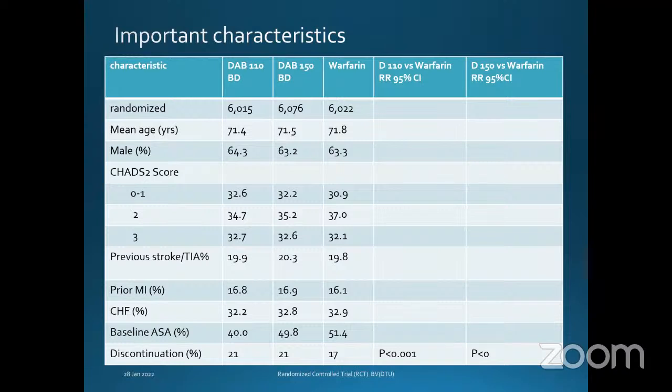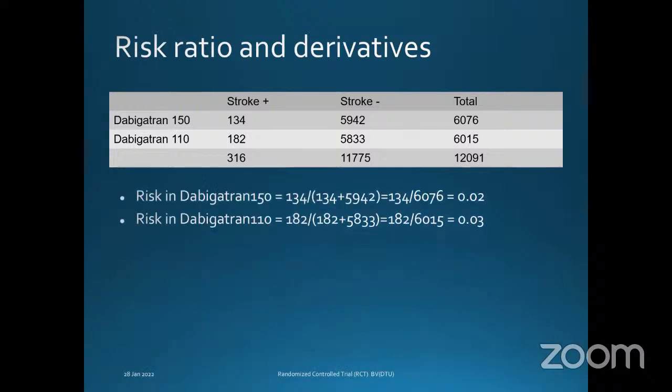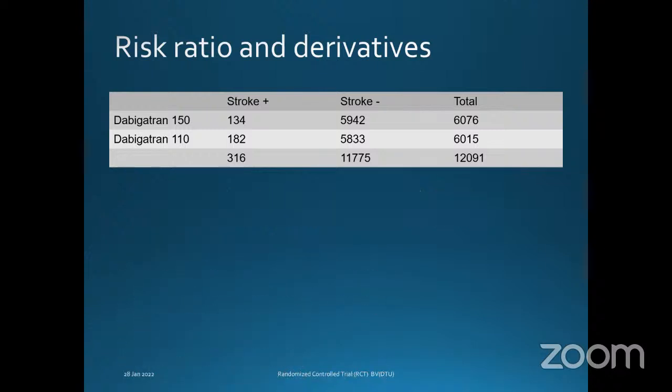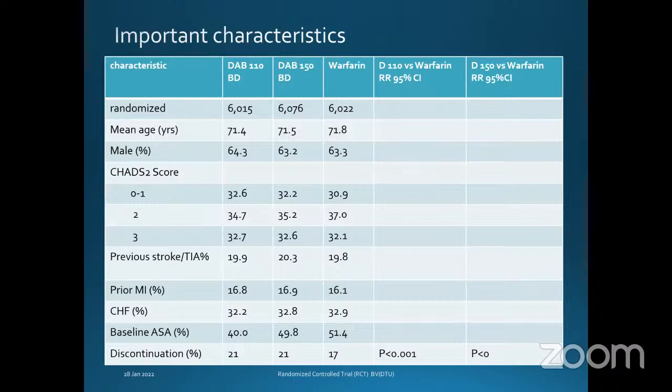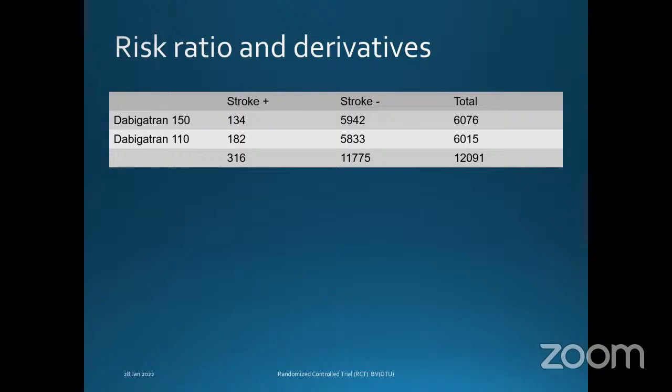The groups are equally matched on both sides, and stroke happened in dabigatran 134, and out of 5,942 didn't have, and the total of this, and dabigatran 110 is this much. The risk in dabigatran 150 is 0.02, 110 is 0.03, and the risk ratio is this much, risk difference is this much, and what I want to show you is the NNT part of it.